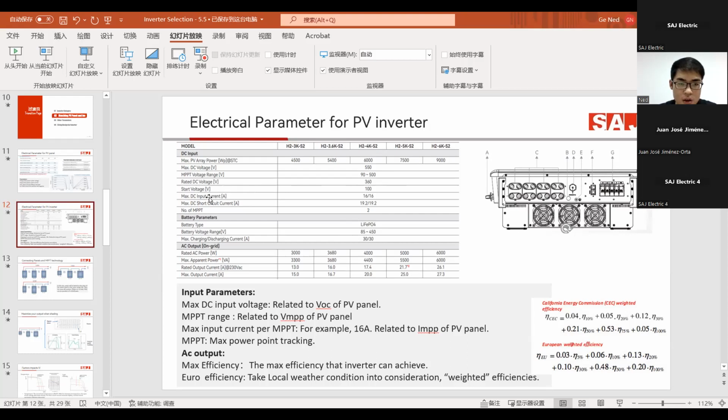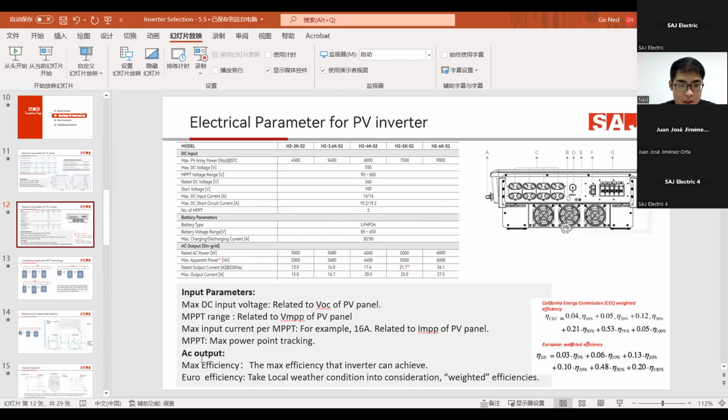Then is the input current, like 16 amperes. It's related to the PV panel's Imp, and then there is the short circuit current and MPPT. For example, these 2 strings are combined together for 1 MPPT.